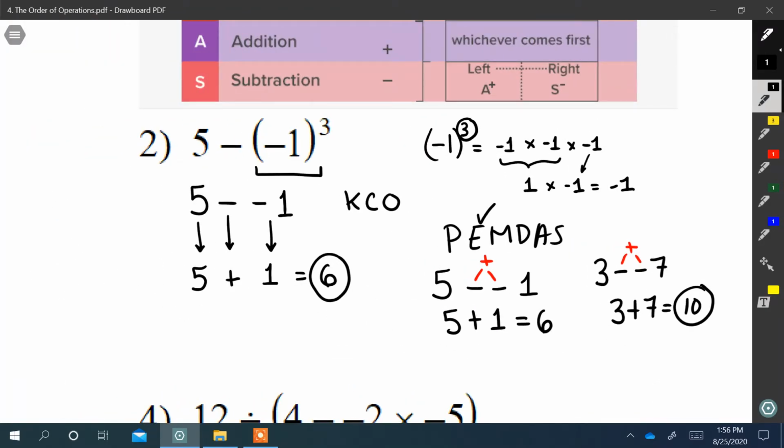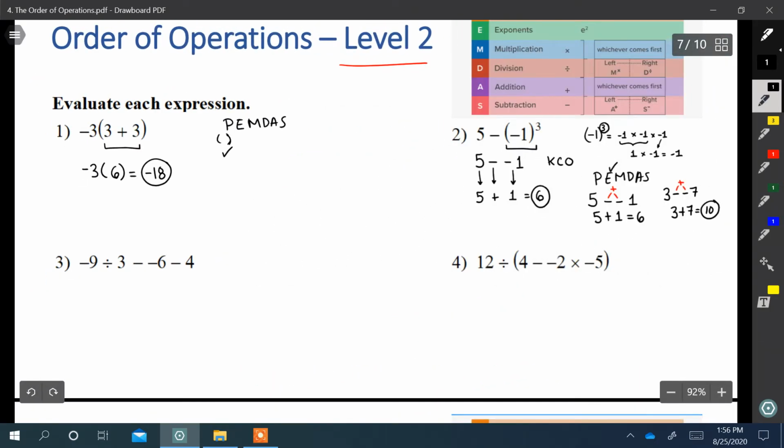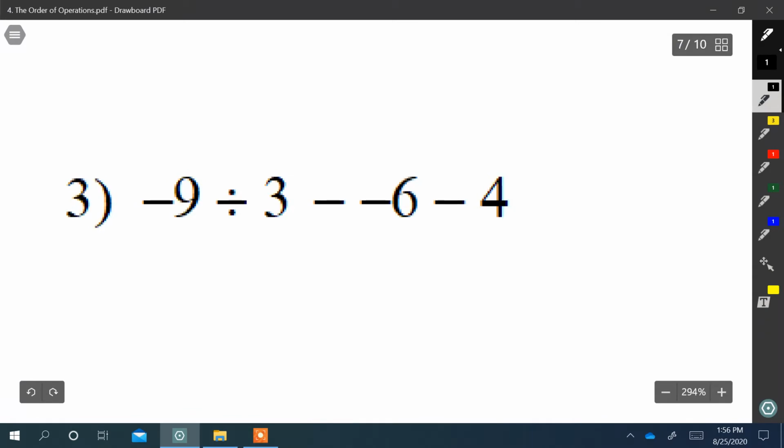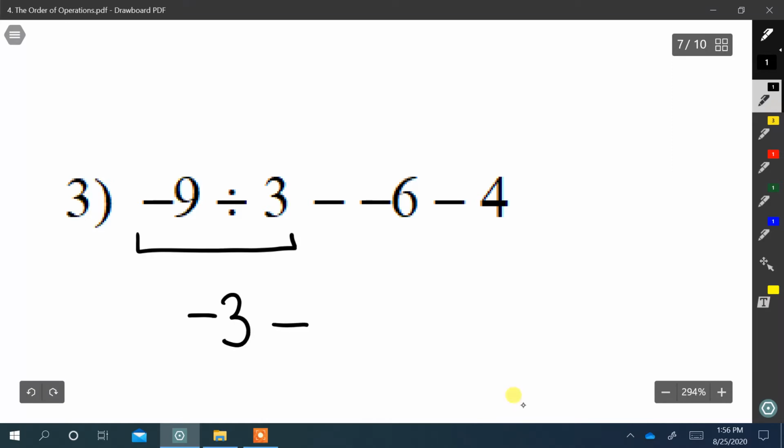Alright, let's do another one to see if we got this or not. Let's do number 3 right here. According to PEMDAS, we have to do division first. So we're going to do those two first. We got negative 9 divided by 3. That's going to be negative 3. Minus negative 6 minus 4.